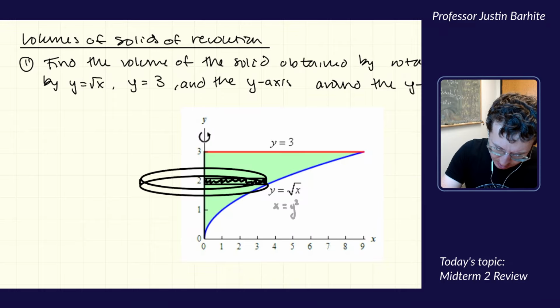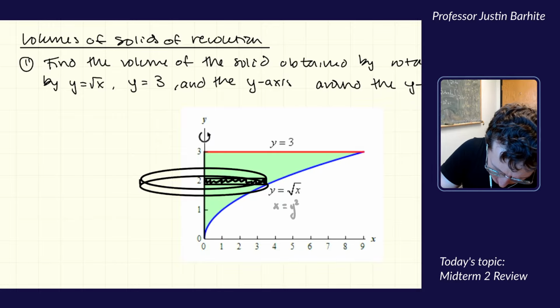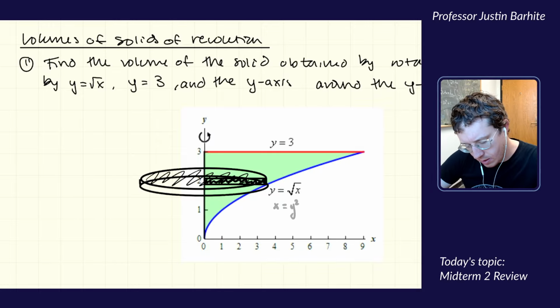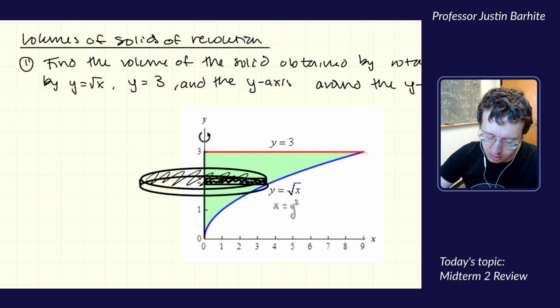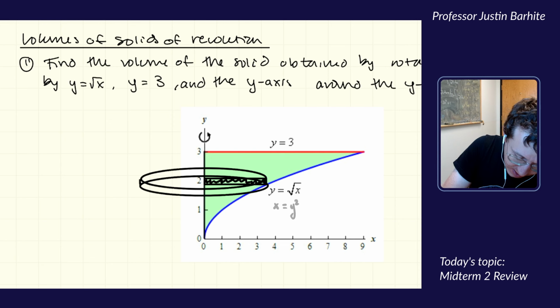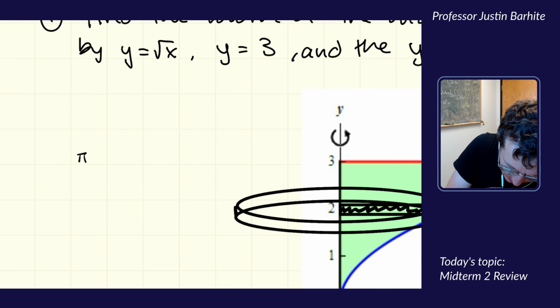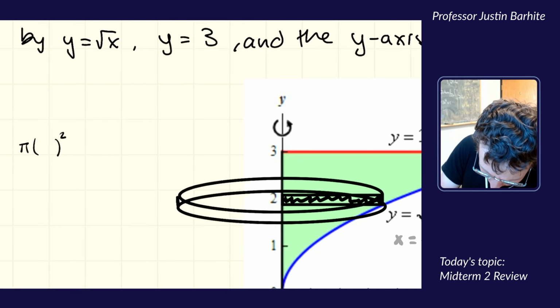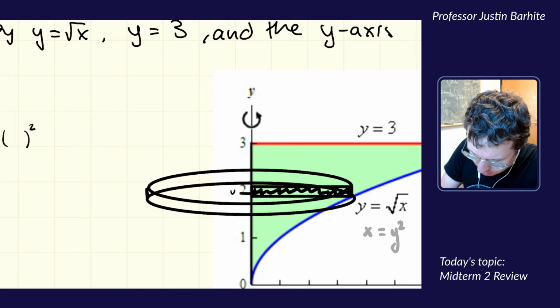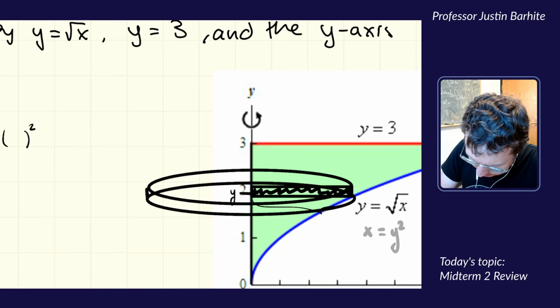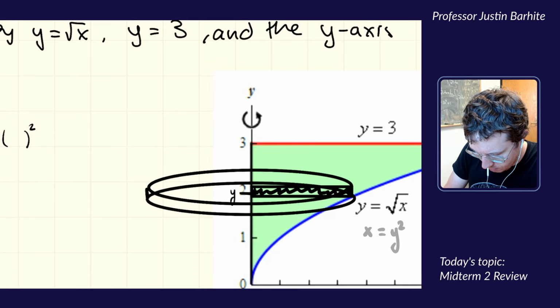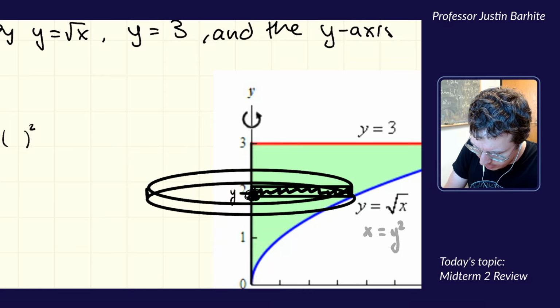And the area of the top face of that disk is a circle. So its area is going to be pi times the radius squared. What's the radius? Well, at a given y value, the radius goes from the y-axis out to the edge.